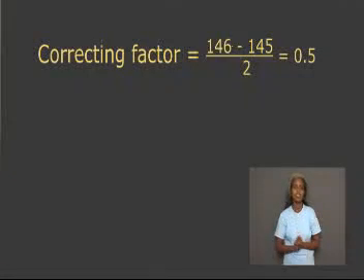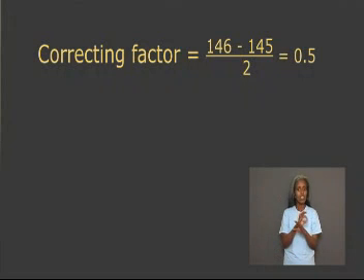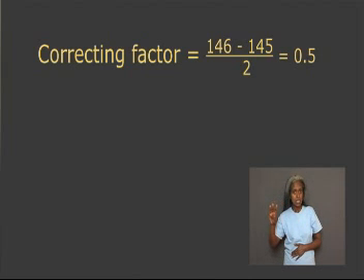Welcome back, students. Let us check if your answers were correct. First, we use the correcting factor to prepare a cumulative frequency table. In this case, the correcting factor is 146 minus 145 over 2, which equals 0.5.